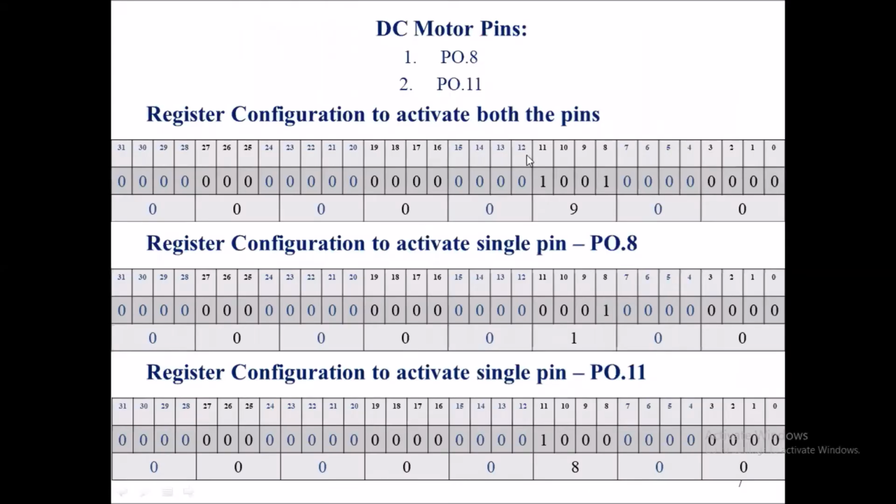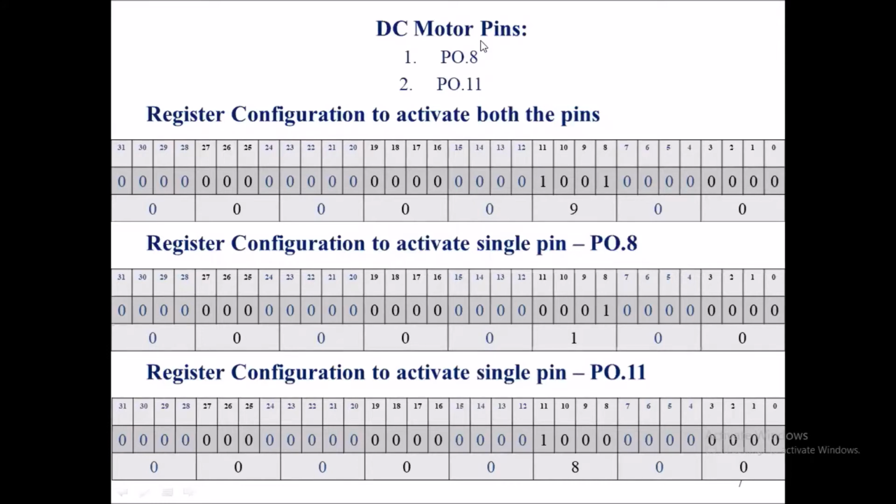Coming to the pin configuration. As I told, there are 64 pins in our microcontroller, so we cannot use all the 64 pins for each and every program. Whatever pins are required for the peripheral, like a DC motor or a stepper motor, we can use only those pins to drive the motors. There are 2 pins associated with the DC motor.